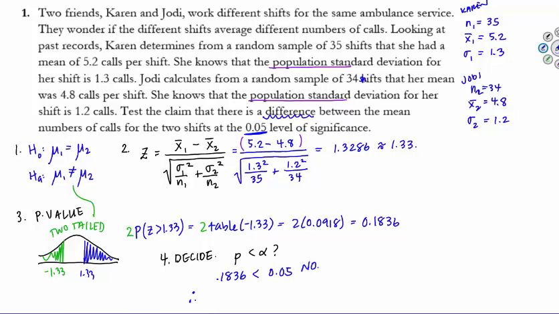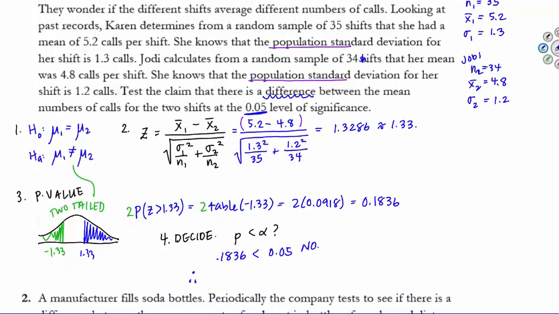Therefore, we fail to reject the null hypothesis. The information from the sample is not statistically significant. It's not different enough from the assumption that the means are equal for us to support the alternative hypothesis that the mean number of calls per shift is truly different.